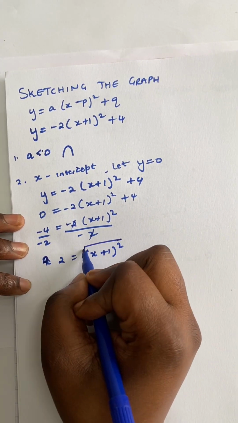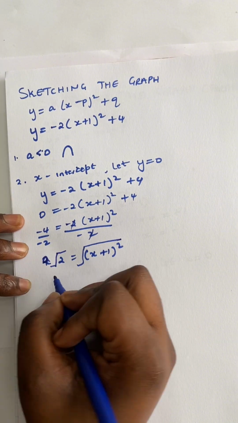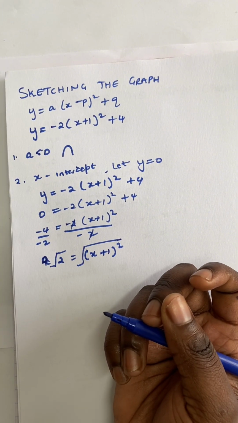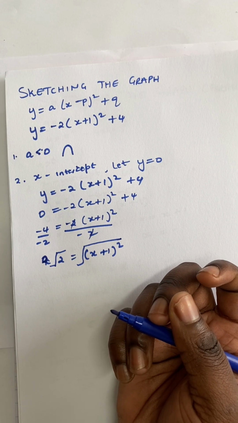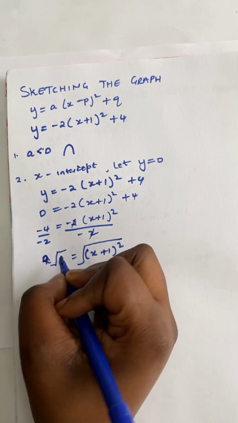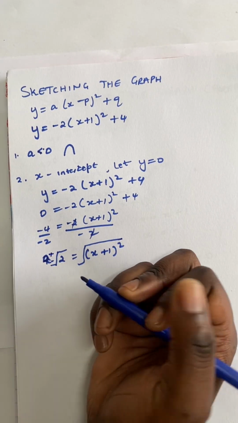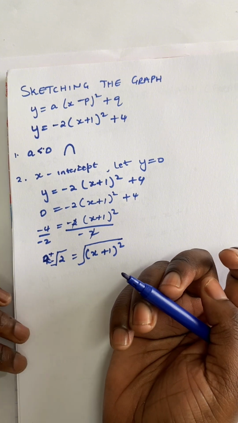And then you square root both sides. Remember, when taking the square root of both sides, you should get a positive and a negative value. So this will be plus or minus square root of 2.